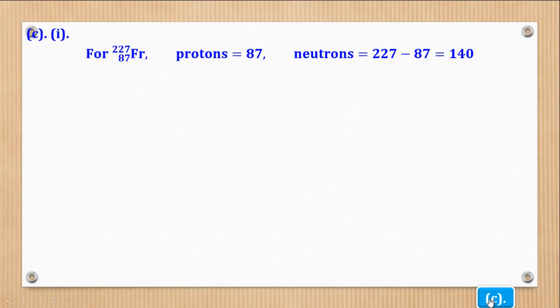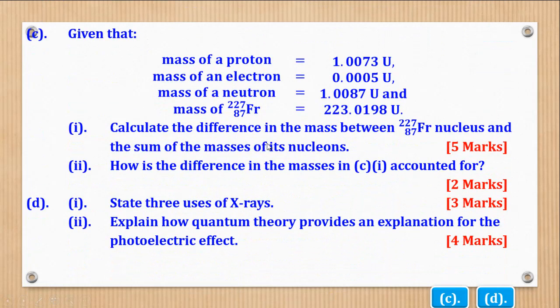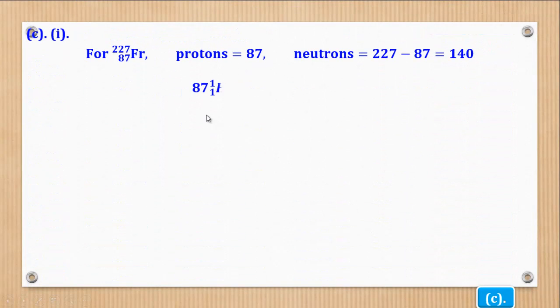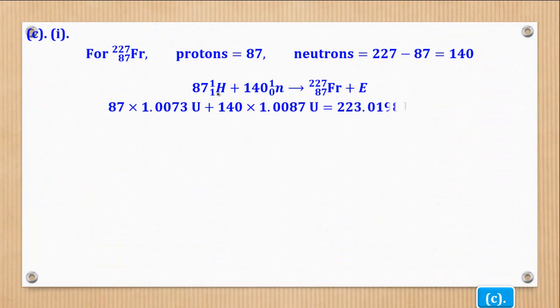And here they have given you the unified mass of proton and of neutrons and of the whole nucleus. So you come and say, from here we shall realize that these protons plus these neutrons come up with this nucleus.